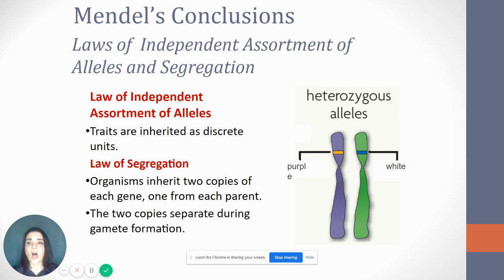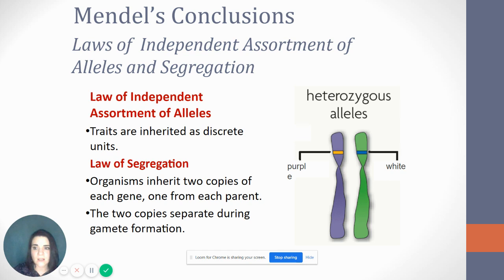The first one is the law of independent assortment of alleles. The bullet point below says traits are inherited as discrete units. Discrete units are talking about genes. The reason they're called discrete units is because they're found in one specific location on a chromosome.